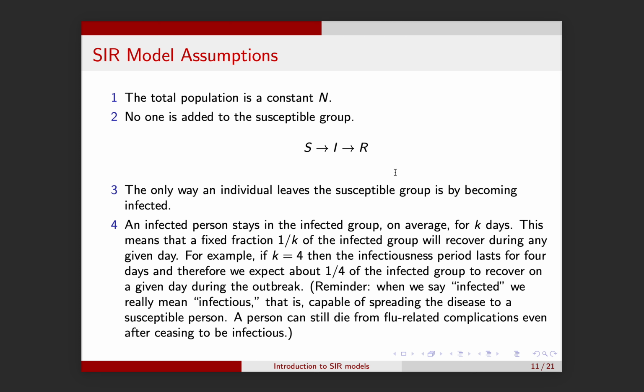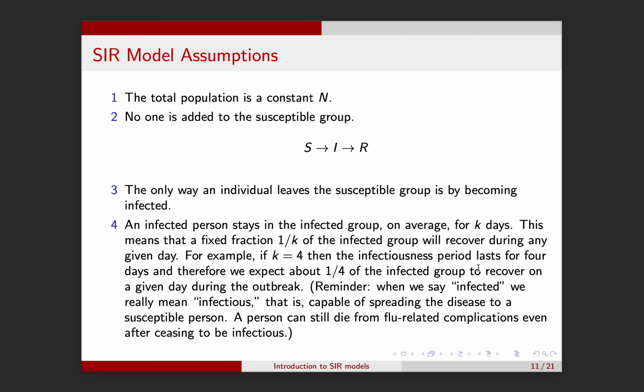Fourth assumption: an infected person stays infected on average for K days, and K depends on the disease you're studying. Some diseases run their course very quickly. An average case of the flu, you're infectious for like 2 or 3 days. But for COVID, you can be infectious for like 2 weeks, as we all know. So K varies with the disease.